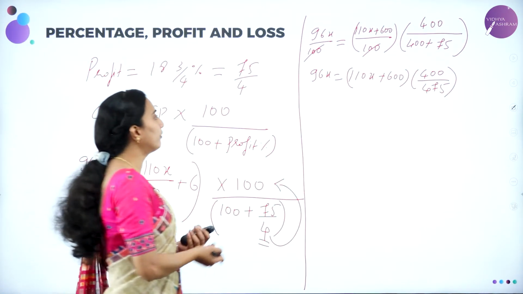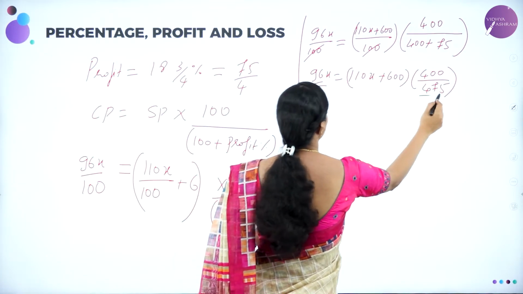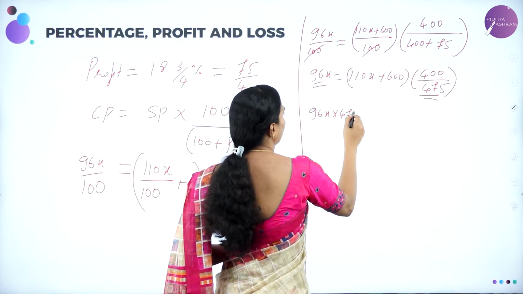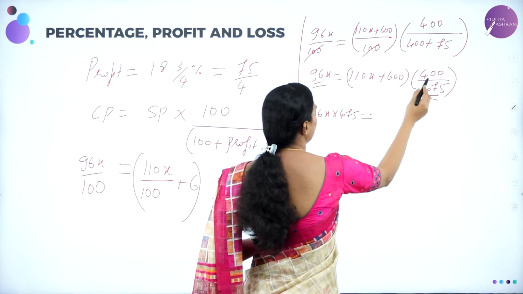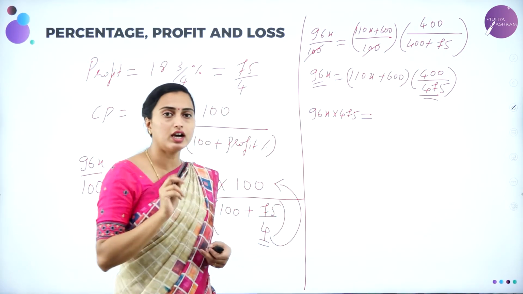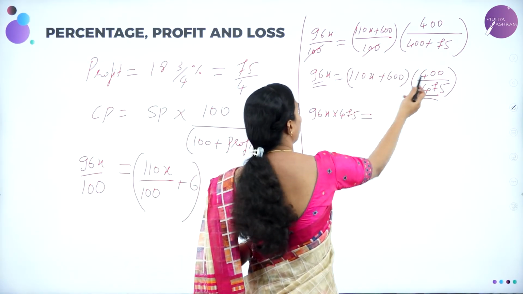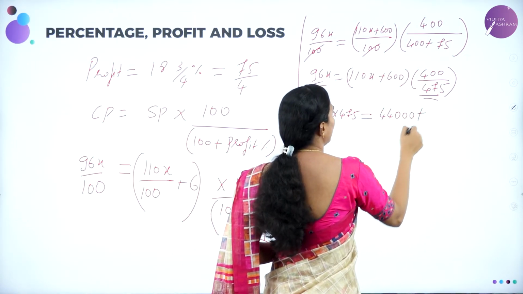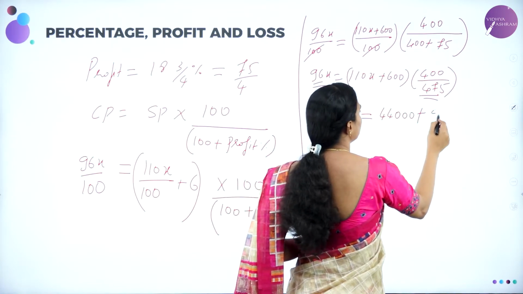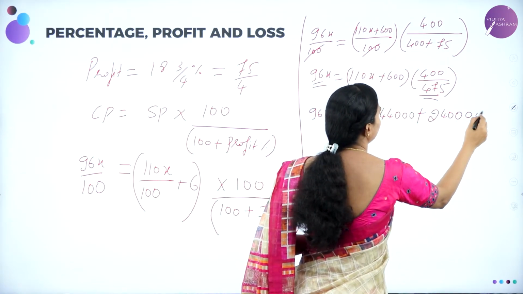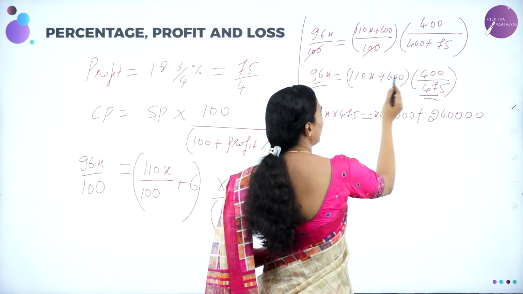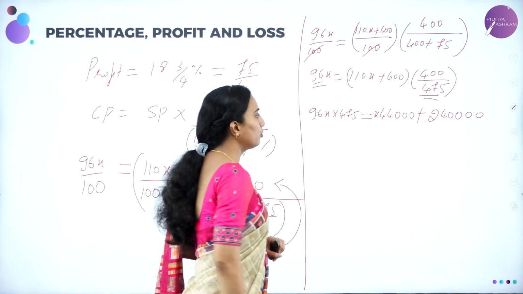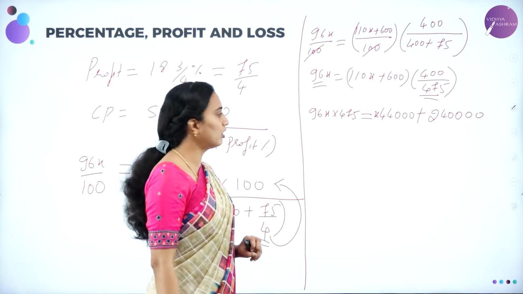After cross multiplication, 96 with 475, you can cross multiply: 96x into 475 is equal to 110 into 400, and so on. 400 into 110 is 44,000, plus 400 into 600 is 2,40,000. So let me write x here, because 400 into 110x is 44,000 into x, correct?